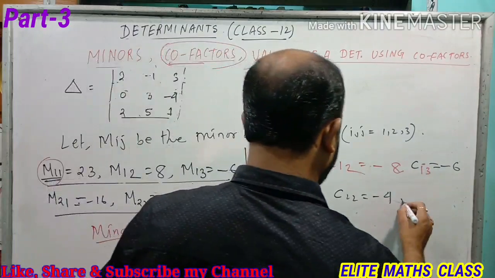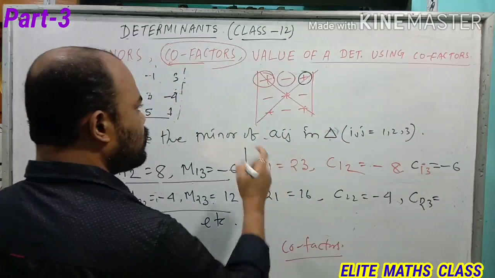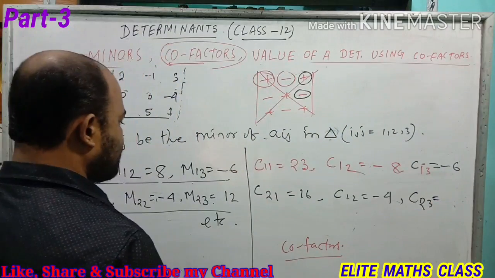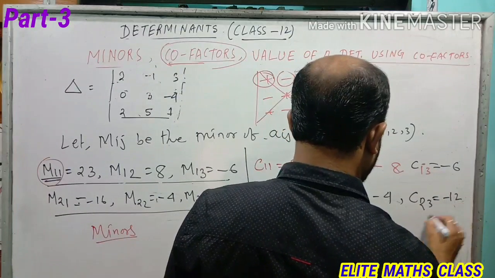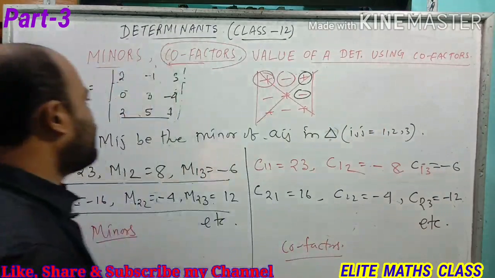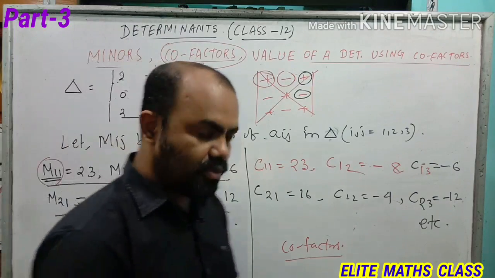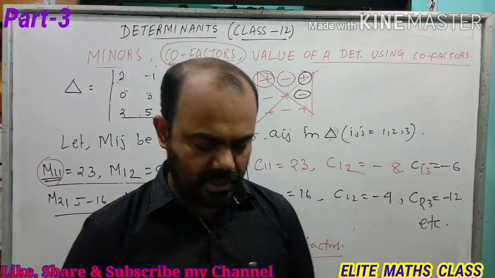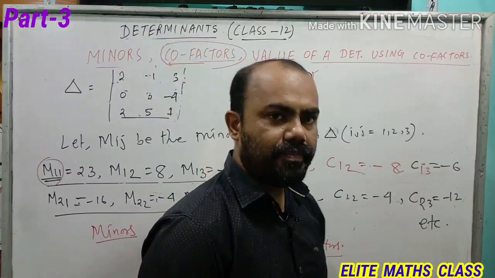Now the last one, C23, cofactor of 2, 3, this element, it is minus, as its minor is 2, so its cofactor will be minus 12, etc. Similarly you can find the cofactors of the rest of the 3 elements. So this is the process of how to find minors and cofactors. So these are clear.